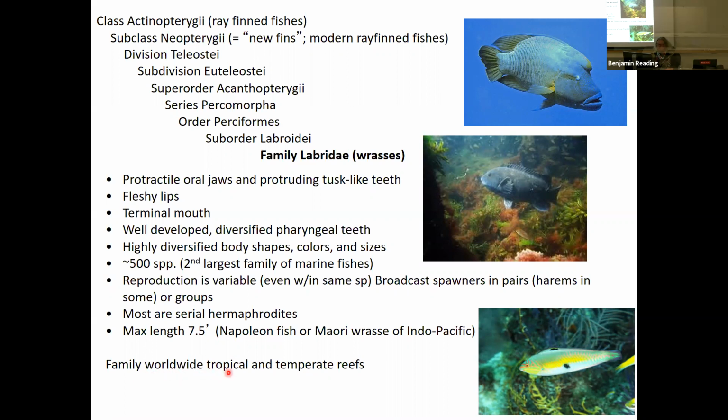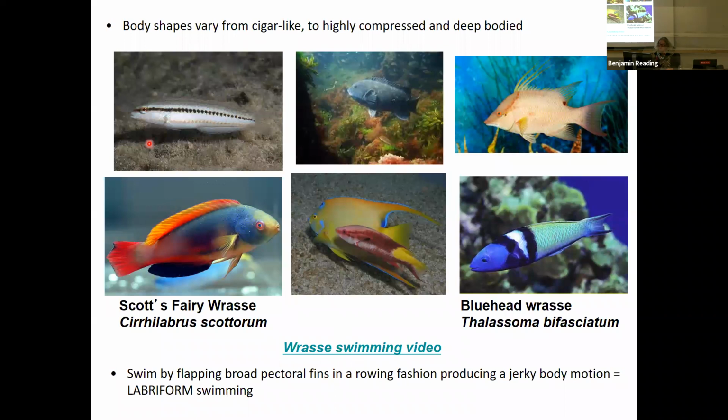Family distribution, worldwide tropical. These are warm water fish, marine, and sometimes you'll find them in temperate waters, but a lot of times they're associated with coral reefs. So family Labridae, here are some examples. Body shapes vary from cigar-like to highly compressed or deep-bodied. Sometimes they're highly compressed, kind of like a pancake, but very deep-bodied.